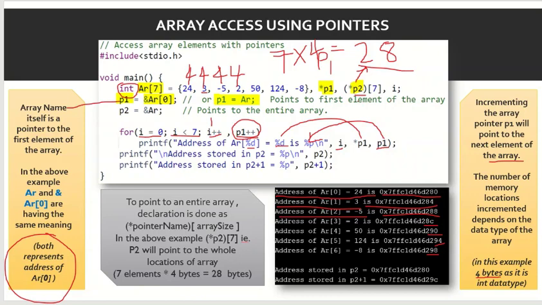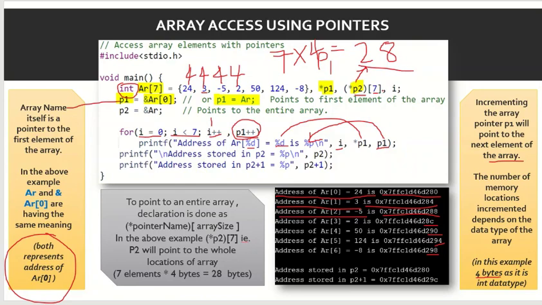So the format is like this: star p2 within brackets, and after that an opening and closing square bracket within which we represent the number of elements of the array. So here the array is of 7 elements, so star p2 of 7.